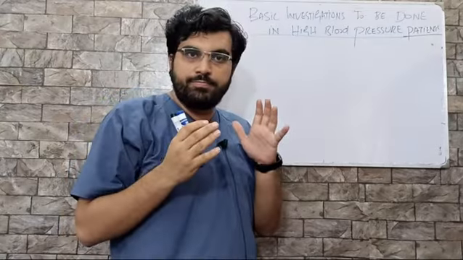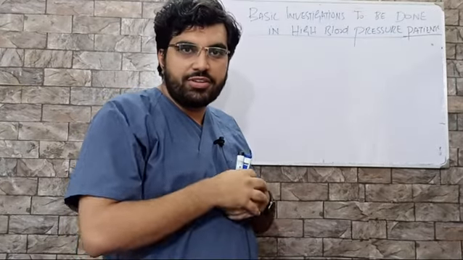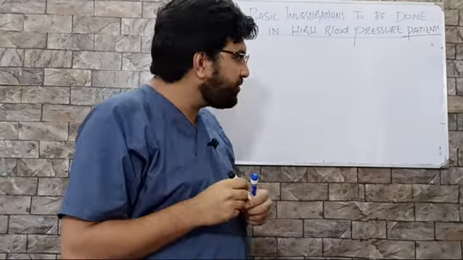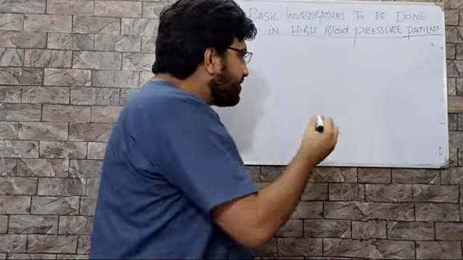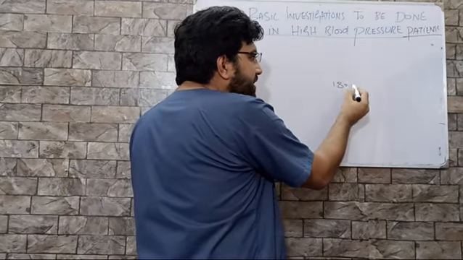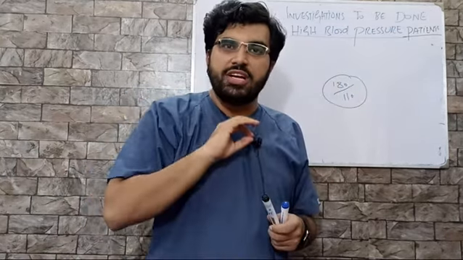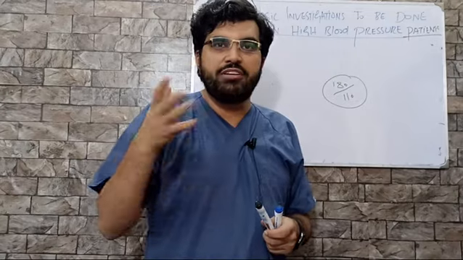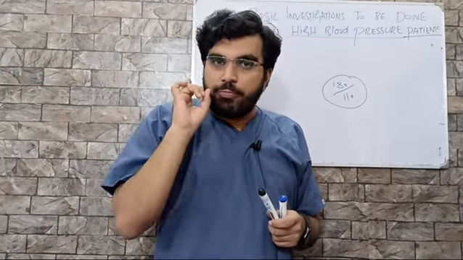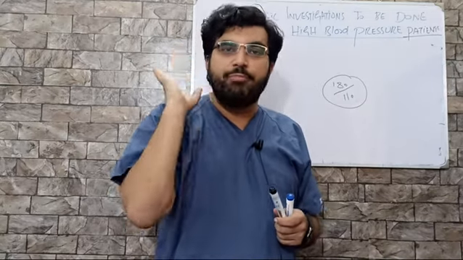So, briefly summarizing the diagnosis of hypertension, a single reading of 180 by 110 confirms that this is hypertension. No need of further investigation or checking of blood pressure for the initiation of medication.